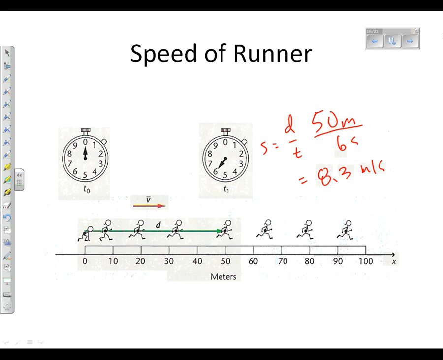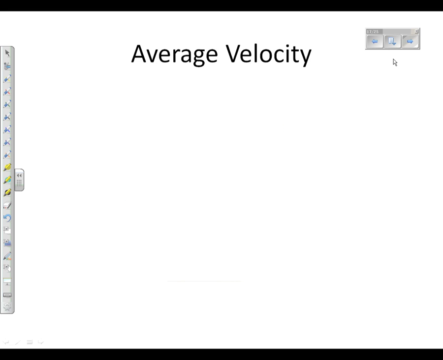Okay, now, not to confuse you, but let's talk about velocity. Most of you probably use speed and velocity interchangeably, but they are not. They are actually two different things. As far as the definition goes, velocity is the rate of displacement of an object.